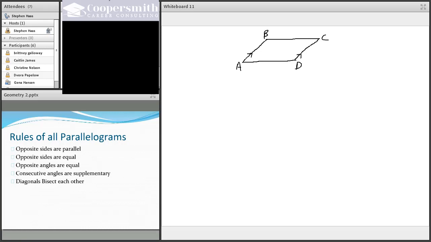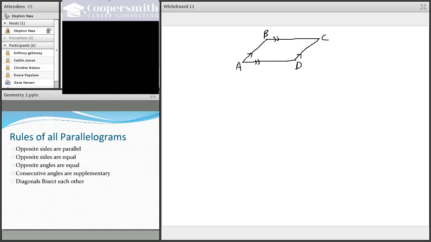Make sense? That's why it's called a parallelogram. BC is also parallel to AD. I'm making 2 ticks to indicate that the ones with 2 ticks are parallel to the ones with 2 ticks, and the ones with 1 arrow are parallel to the ones with 1 arrow. Now, also, the second rule is that opposite sides are equal.